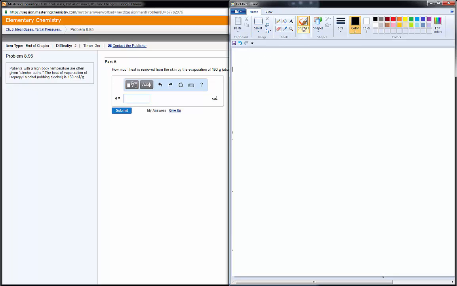So we have 190 grams of alcohol. And we see that the heat required to vaporize it, that is to go from a liquid to a gas, is 159 calories per gram.